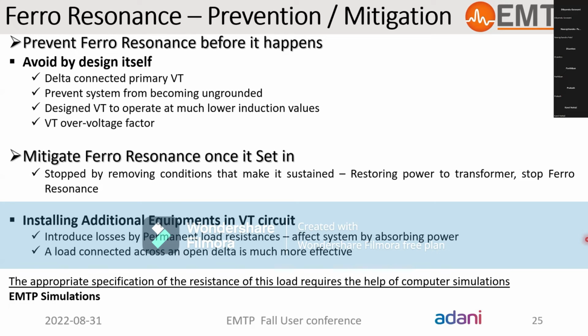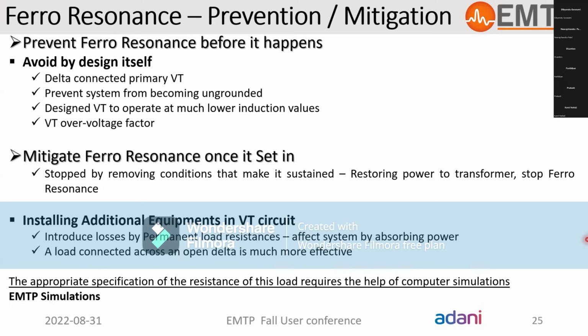Now, sustained ferroresonance can sometimes be avoided by loading a transformer, mainly the secondary, with an appropriate resistive or reactive device, which is a standard norm. However, introducing these losses by means of permanent load resistance can affect the system by absorbing power and can affect the metering accuracy as well.